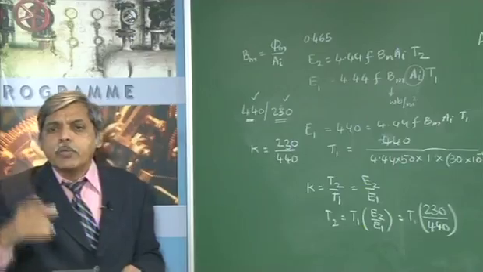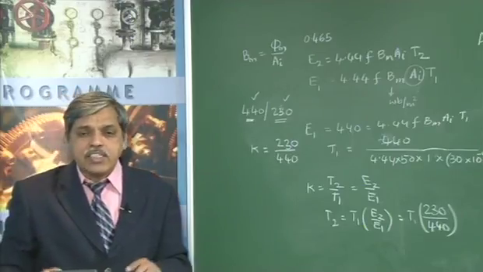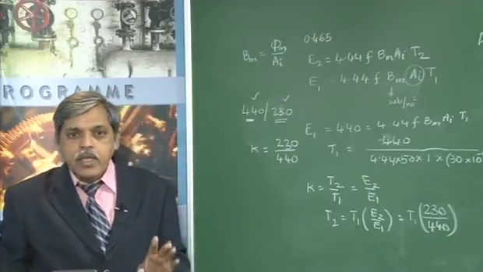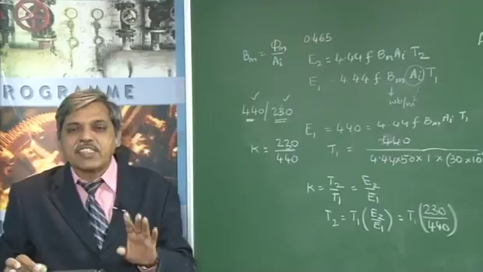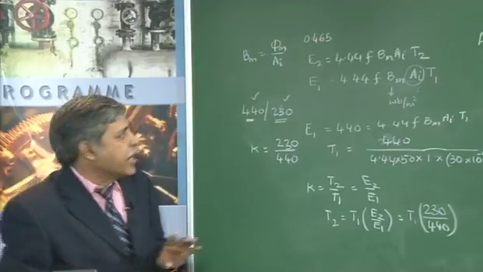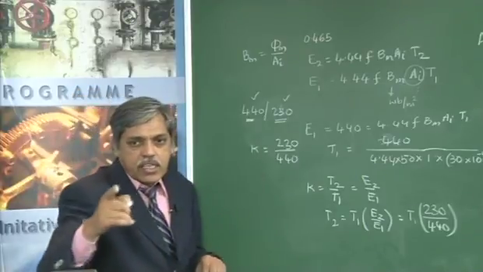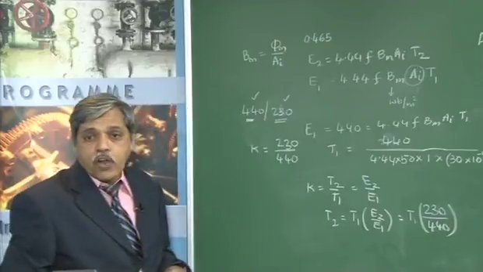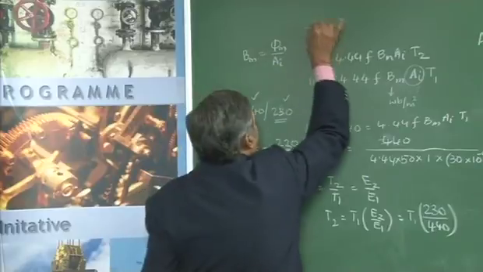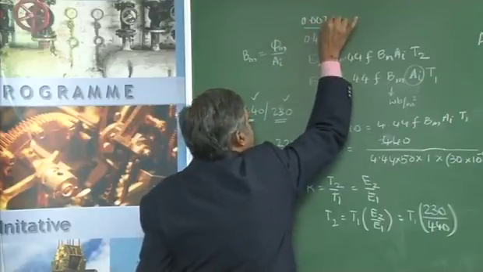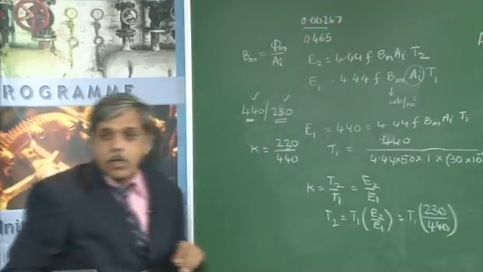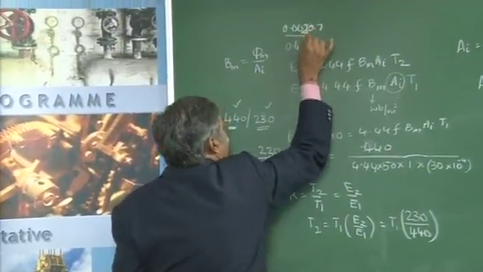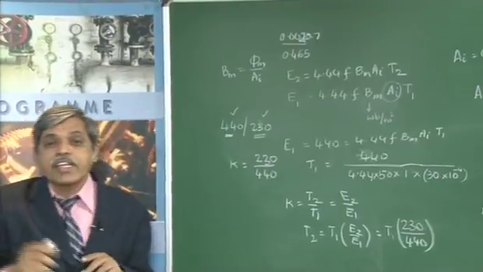The last one should not be Tesla, as Tesla cannot be the unit for the flux. It should be the dimension of flux density. So let us write that the maximum value of the flux density is 0.465 and the maximum core flux what you have is 0.00207. Okay, sorry, 207 it is. So the ratio will give you the net iron area.